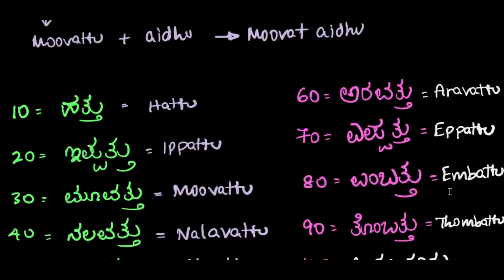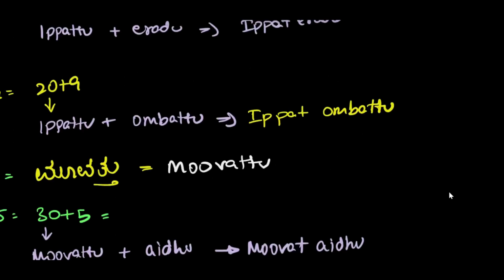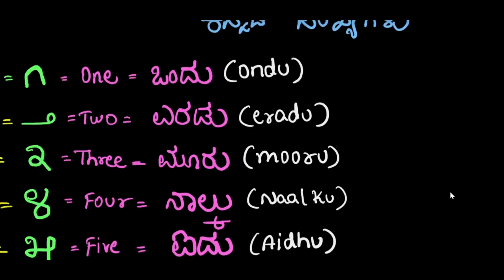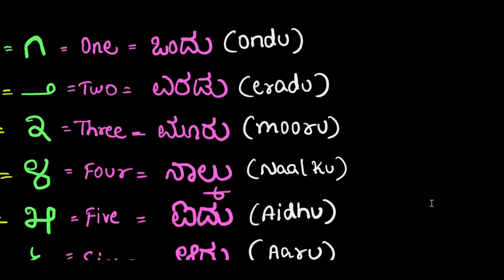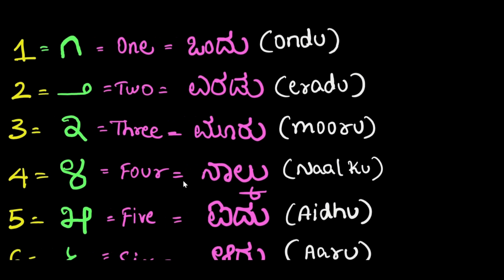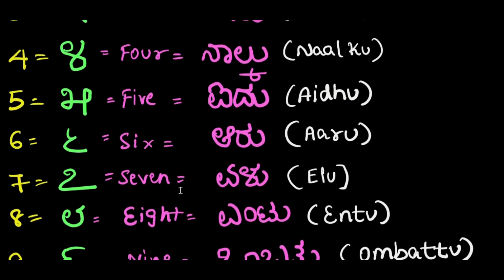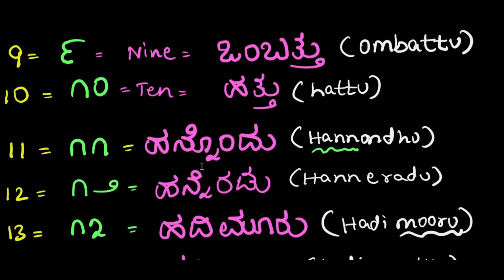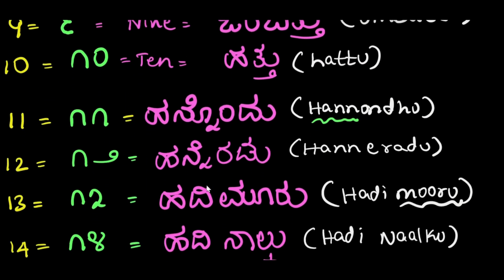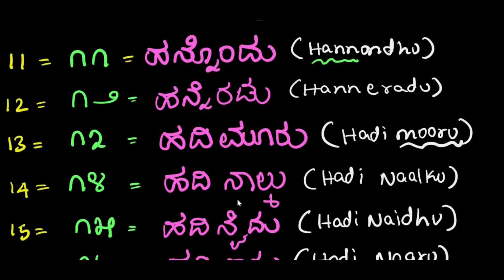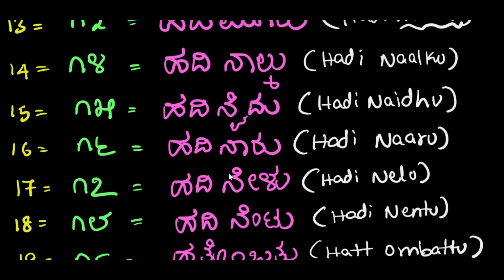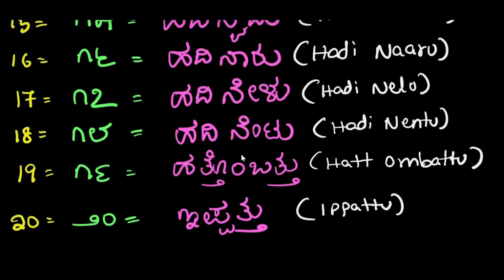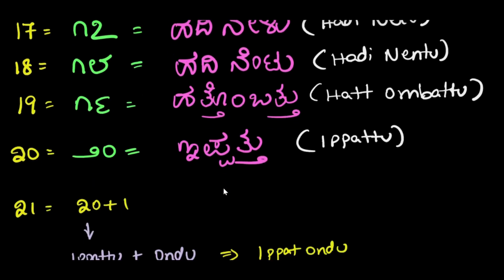Let us recap quickly. 1 is Ondu, 2 is Eradu, 3 is Mooru, 4 is Nalaku, 5 is Aidu, 6 is Aru, 7 is Edu, 8 is Entu, 9 is Ombatu, 10 is Hattu, 11 is Hannondu, 12 is Hanneradu, 13 is Hadimuru, 14 is Hadinalku, 15 is Hadinaidu, 16 is Hadinaru, 17 is Hadinedu, 18 is Hadinentu, 19 is Hattombatu, 20 is Ippattu.